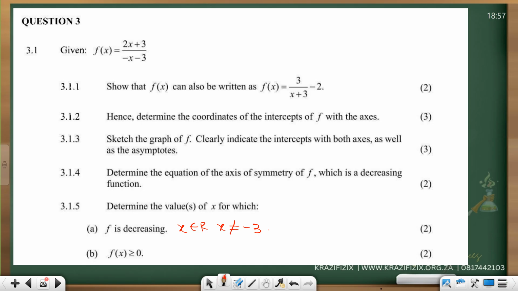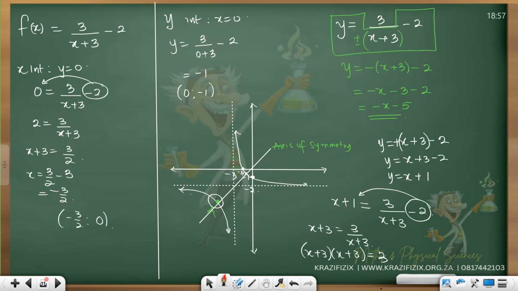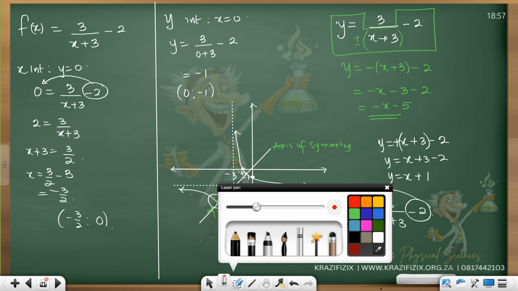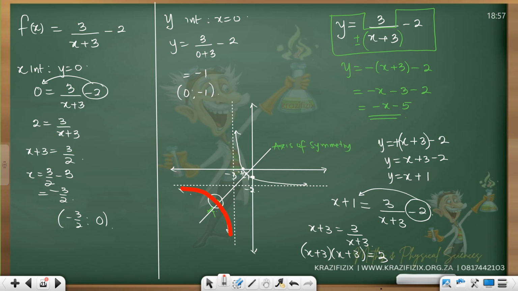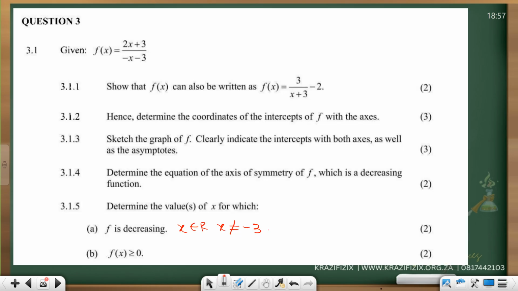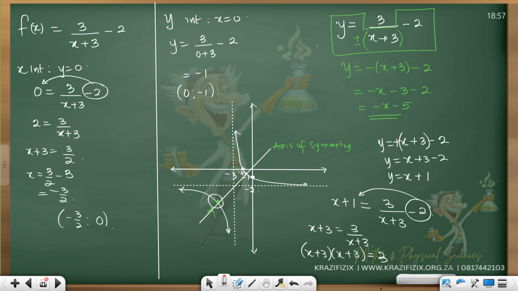Now, lady, if you say x is greater than negative 3, what about the left-hand side? Do you understand? Because it's also decreasing here. Because when you say negative 3, you're only looking at that. But this side, it is also decreasing. Finally, on this one, f of x is greater than or equal to 0. Where is it above 0?